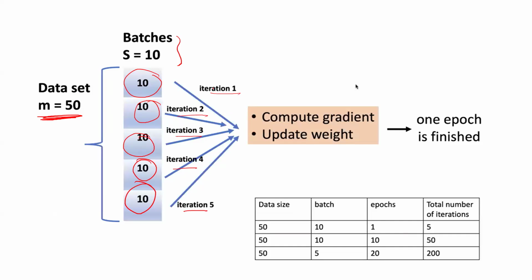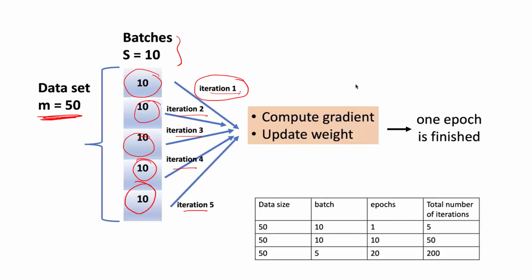In the first iteration, we are taking a data set of size 10. In the second iteration, we are taking a data set of size 10. Like that, for 5 iterations, we are taking batches of 10.